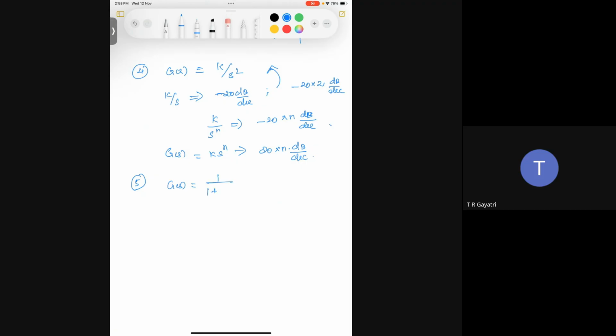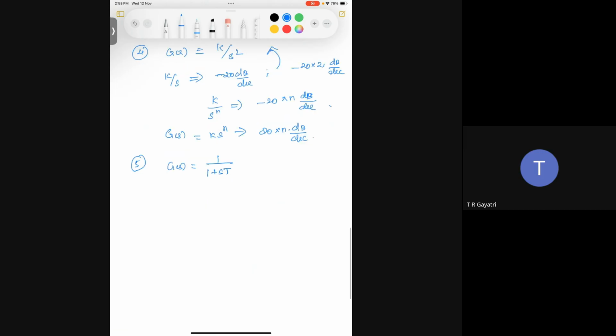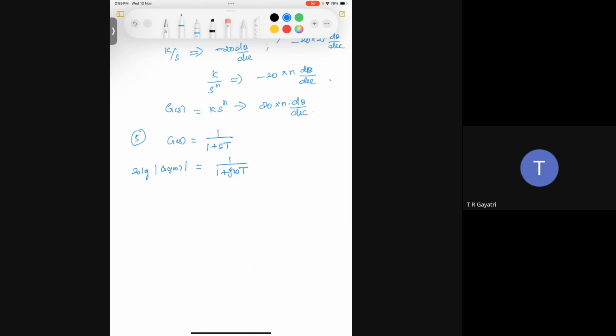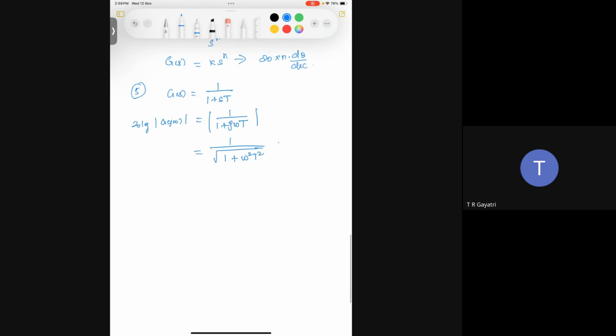For this, G(j omega) gives me 1 by 1 plus j omega T. If I calculate the magnitude, I have the root of 1 plus omega square T square, and the magnitude is 20 log of 1 by root of 1 plus omega square T square.